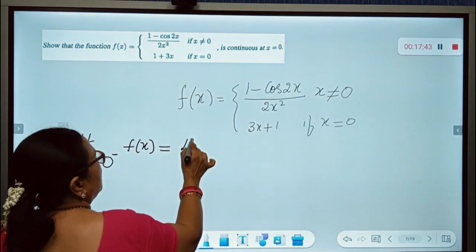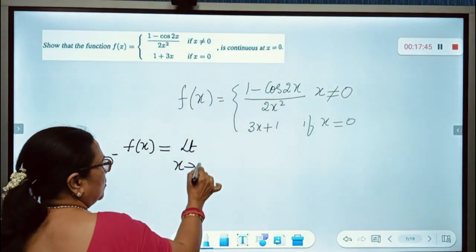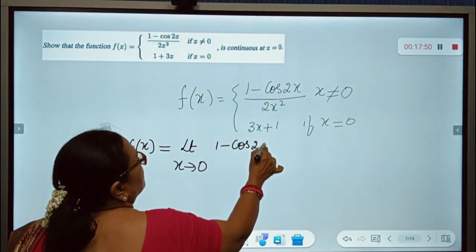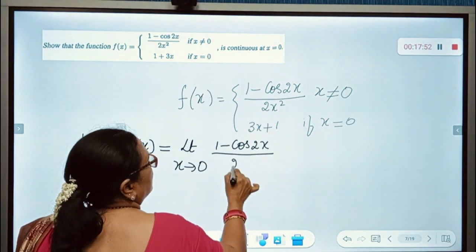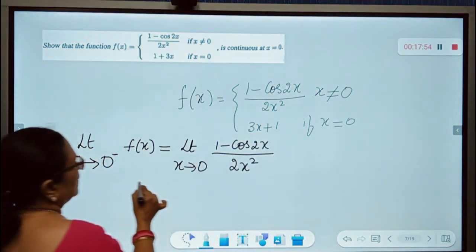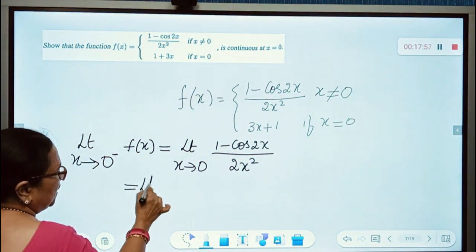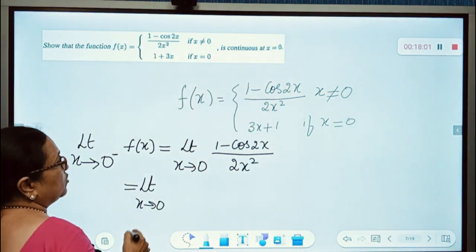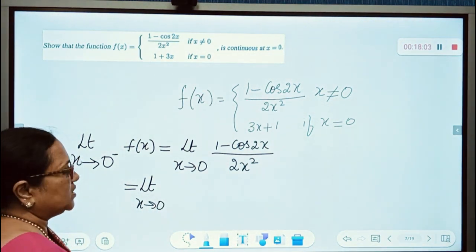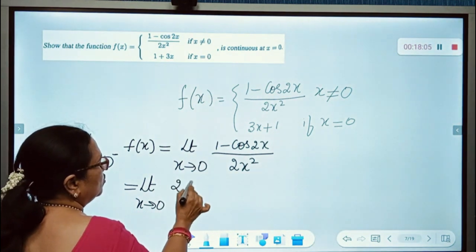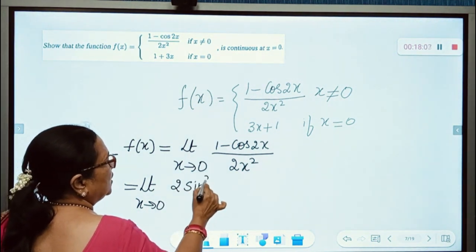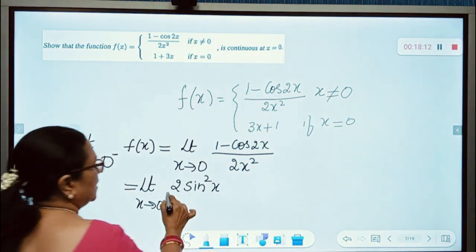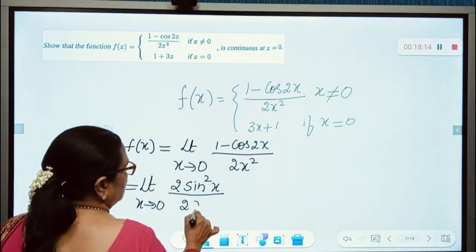So this is the limit as x tends to 0 of (1 minus cos 2x) by 2x square. What is 1 minus cos 2x? 1 minus cos theta, you know, is 2 sin square (theta by 2). So 1 minus cos 2x will be 2 sin square x, divided by 2x square.